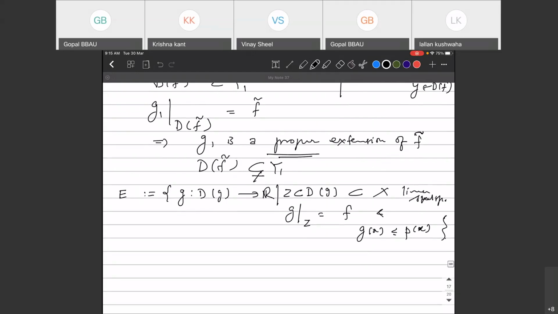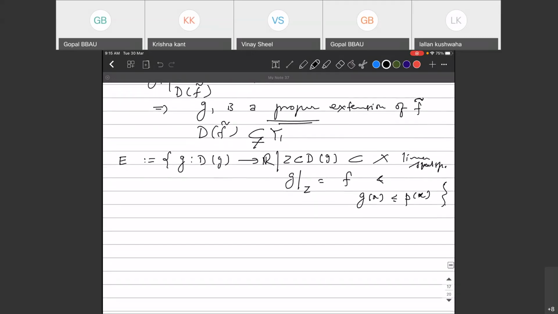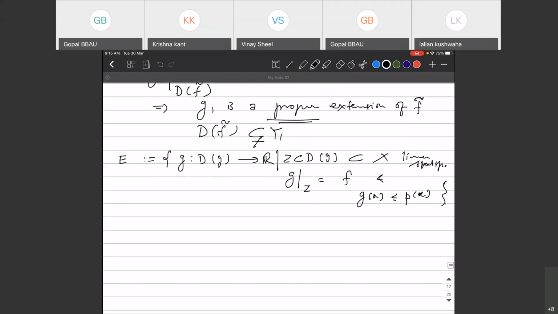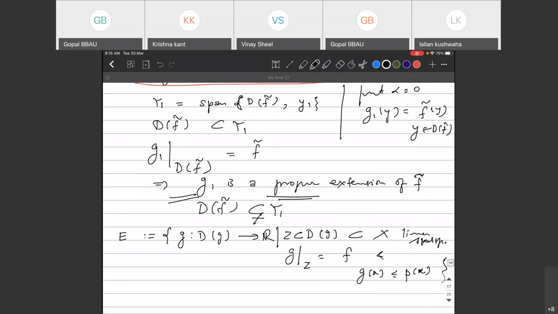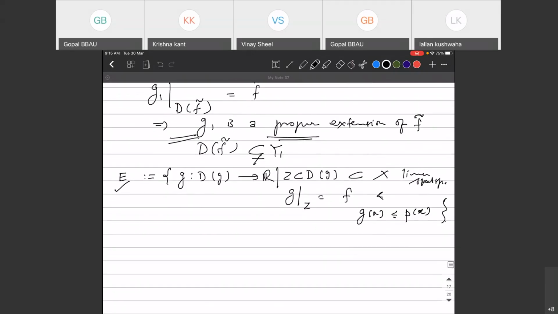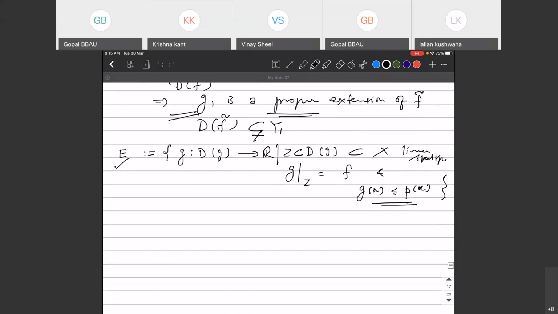So what will we do now? We will prove G1 belongs to E. For showing G1 belongs to E, we have to show that G1 x is less than or equal to p x.